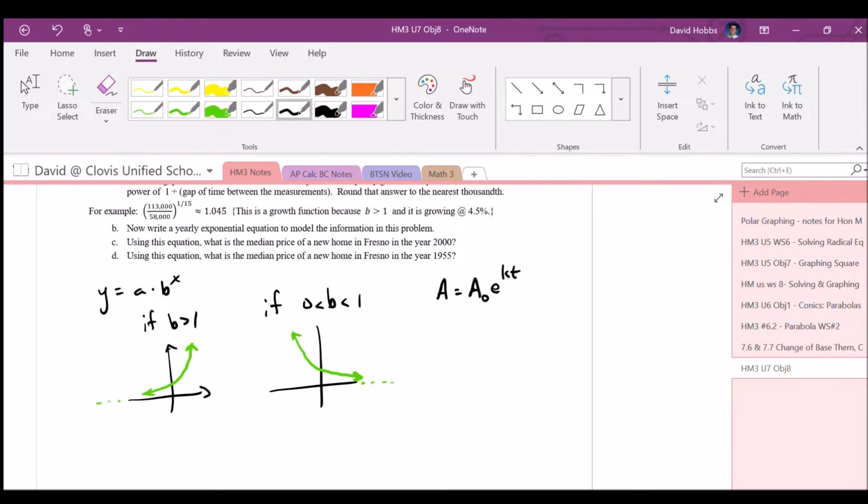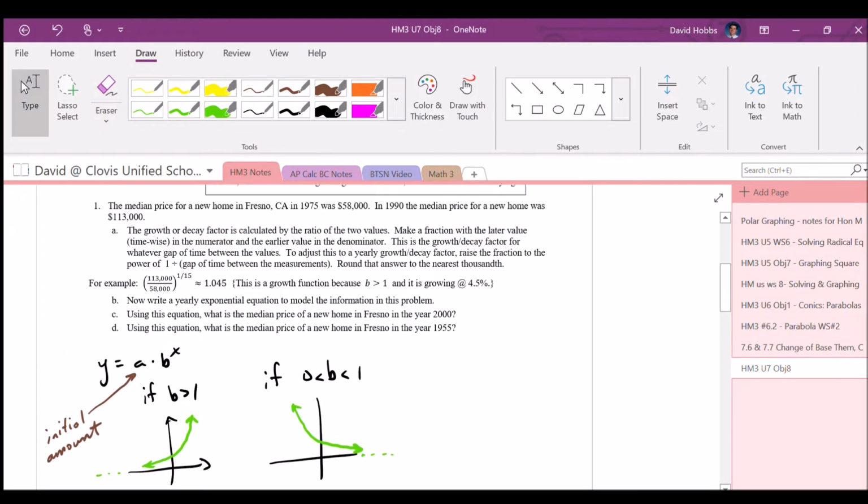Well, the a out in front right here is the initial amount. Okay, so without further ado, here we go, number 1.